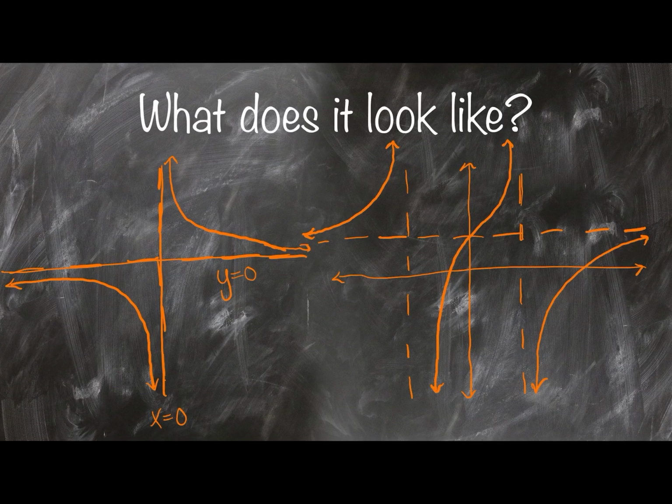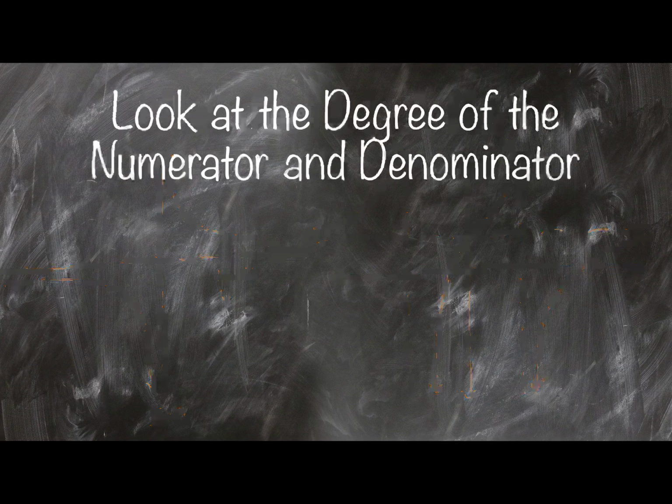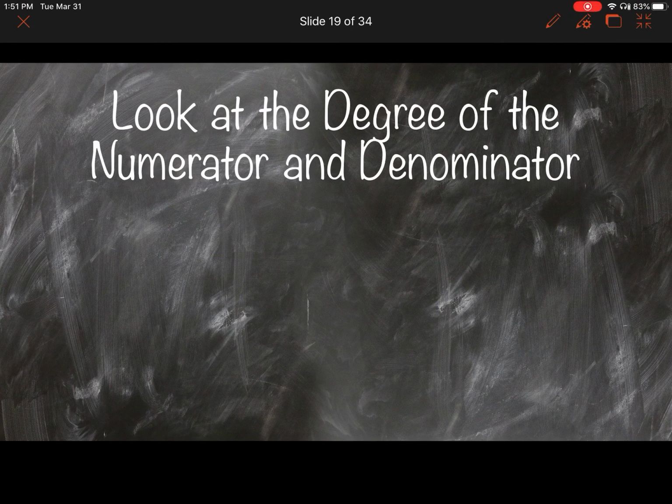Now, how do we find these horizontal asymptotes? Well, we look at the degree of the numerator and the denominator. So let's take a look at three different possibilities for this. The first possibility would be that the degree of the numerator is less than the degree of the denominator.